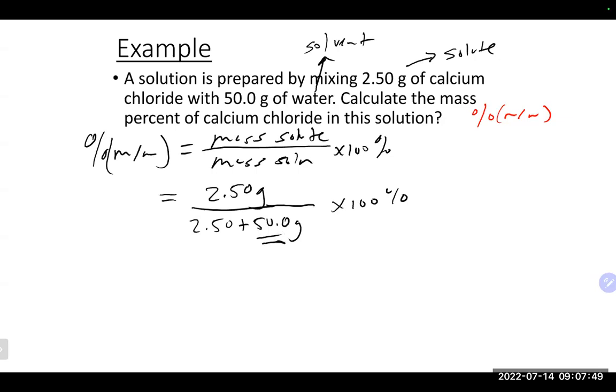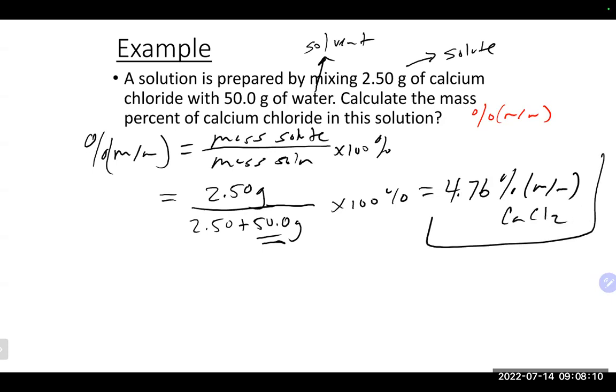And if we do that, we will end up with 4.76% by mass of calcium chloride. Any questions on that one there? Basically, we have 4.7 grams of calcium chloride for every 100 grams of solution in this case.